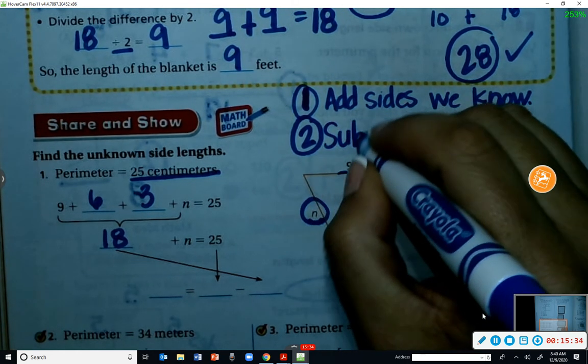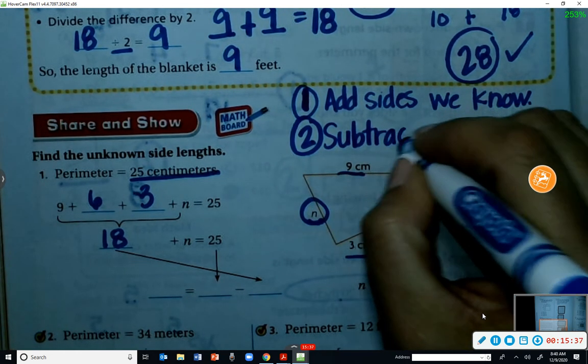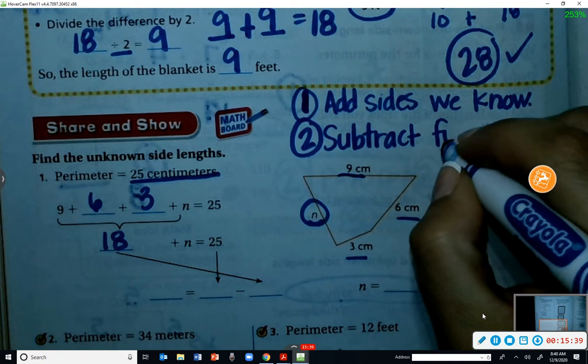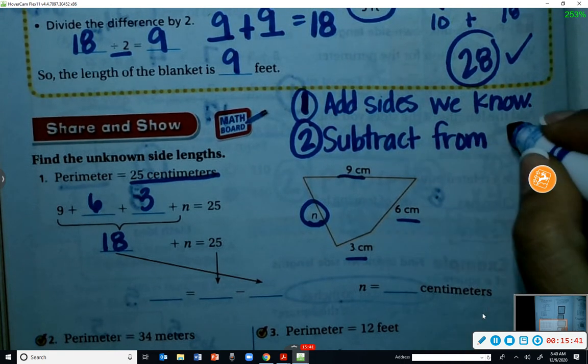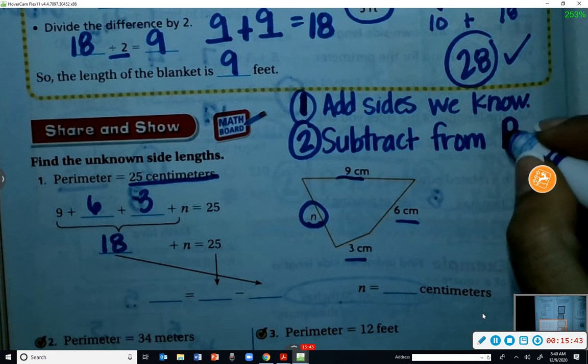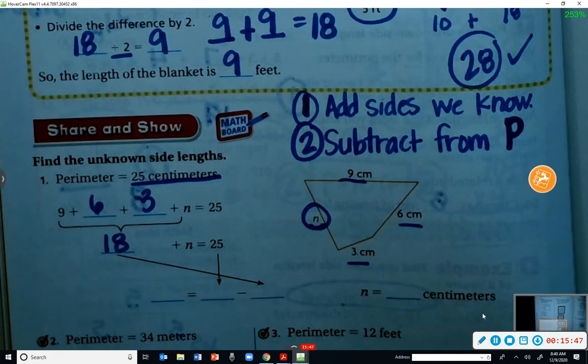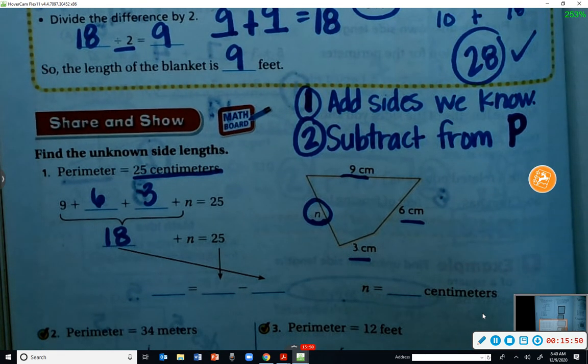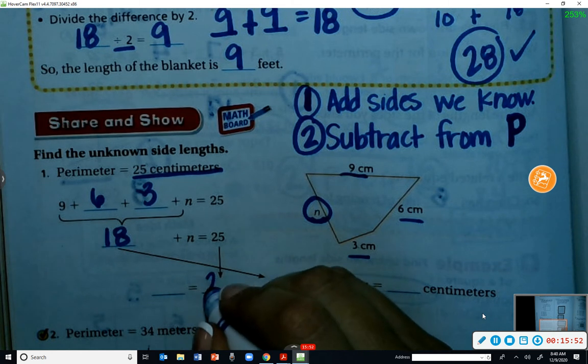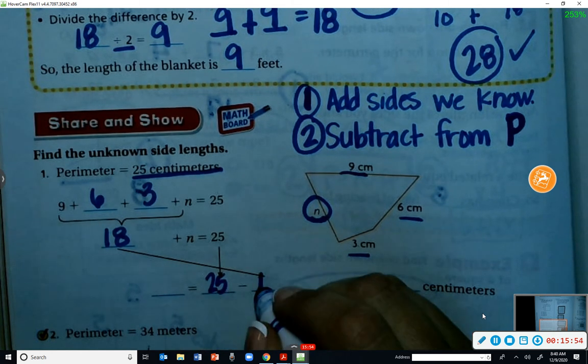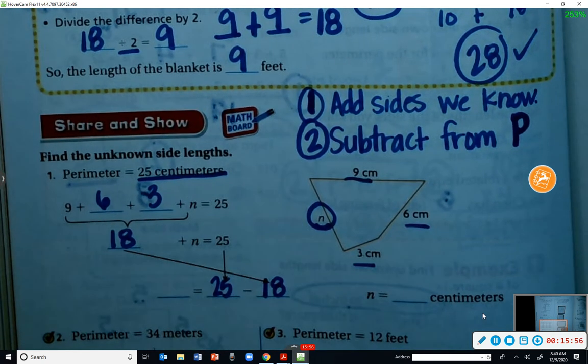Subtract from the perimeter. I'm just going to put P for perimeter. So in this case, the perimeter is what? 25. And I'm going to subtract 18. What would that give me?